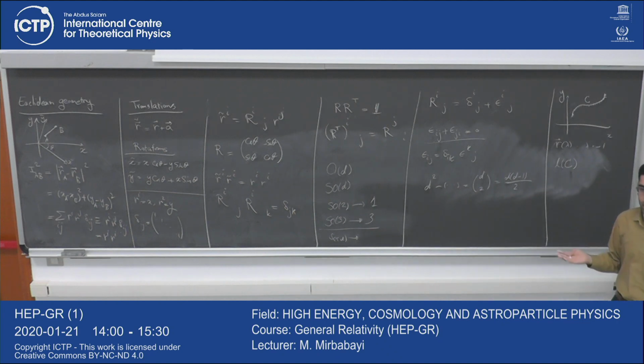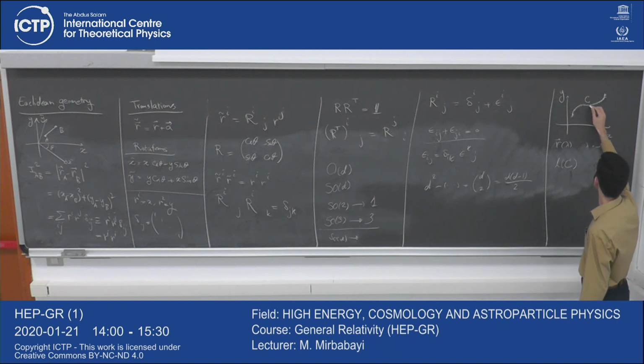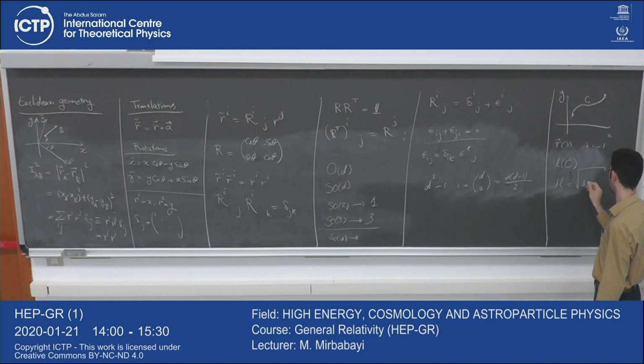We add them up and take the limit, so that the sum becomes an integral. So every element dl is given by the square root of dr squared, which is the square root of dx squared plus dy squared. And then if we integrate over this, we get the full length of the curve.